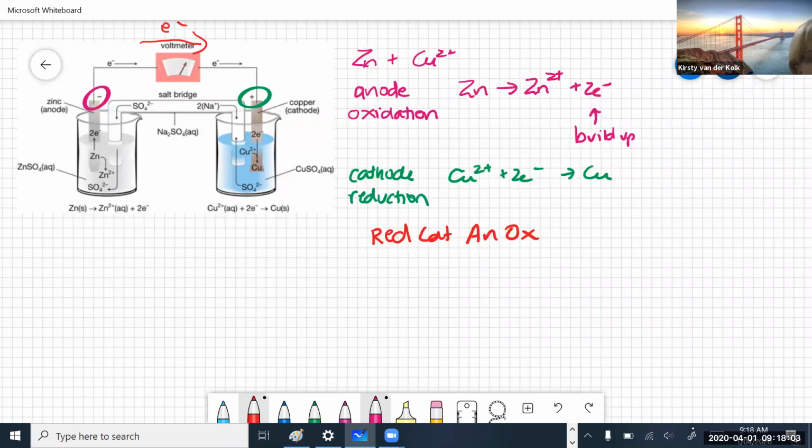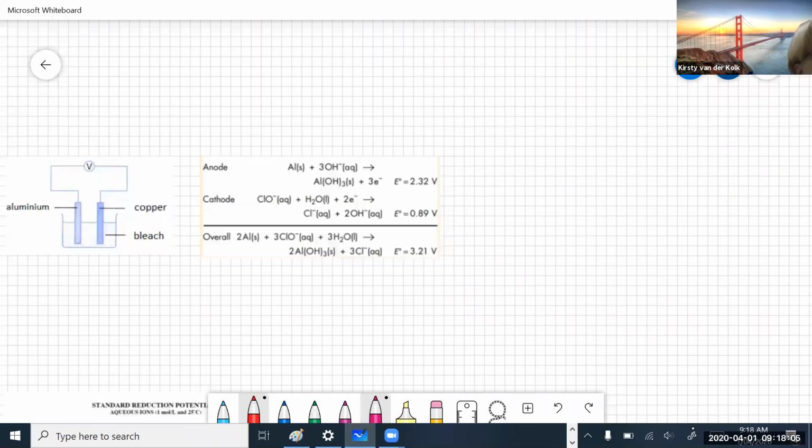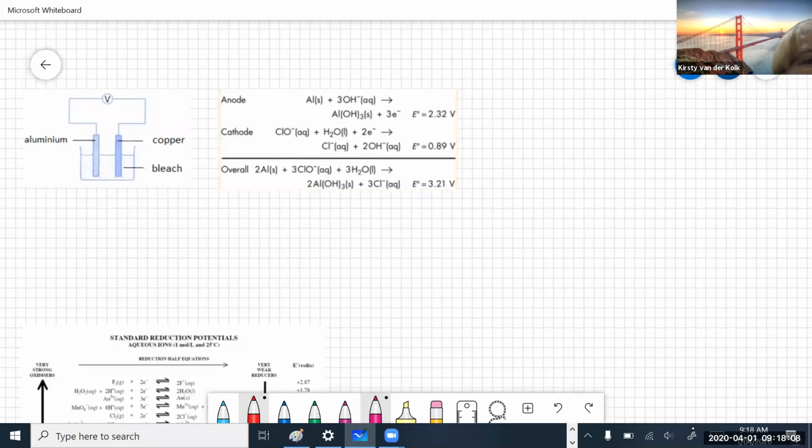Let's have a look at this one. You've probably been spending a little bit of time with this reaction lately. This is the reaction from the bleach battery. We have our aluminium at the anode, so our anode is aluminium going to aluminium ions.